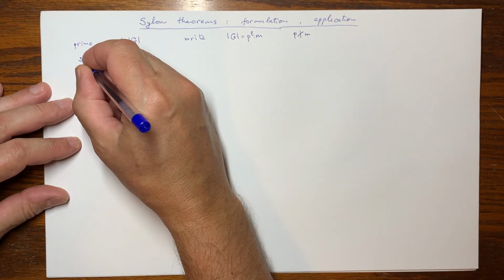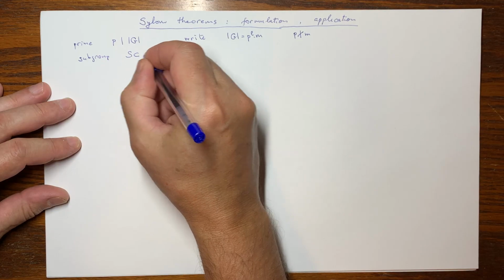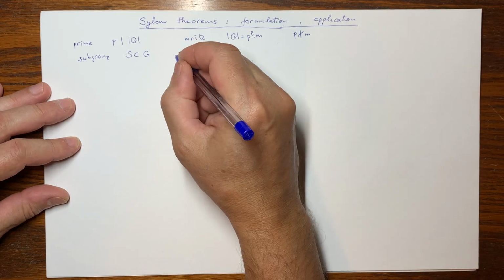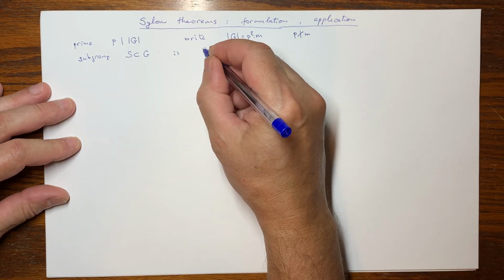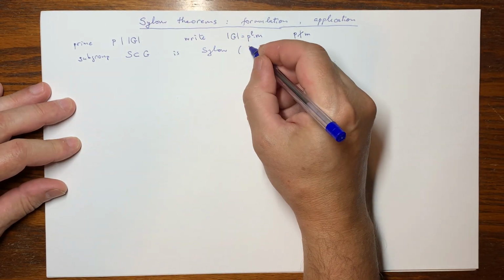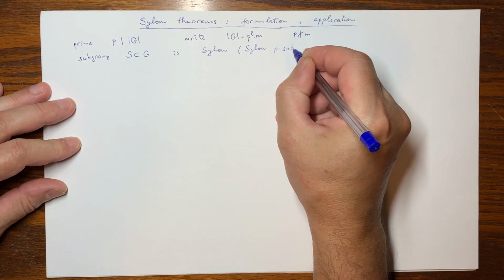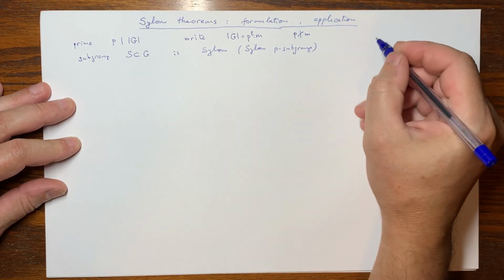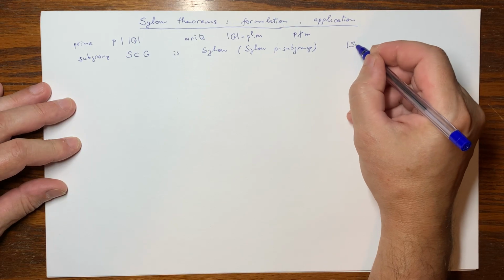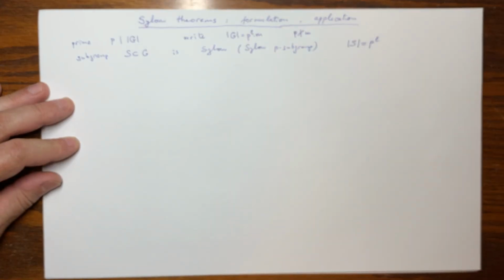A subgroup of the group is called Sylow, or rather Sylow p subgroup, if its order is that maximal power of p.